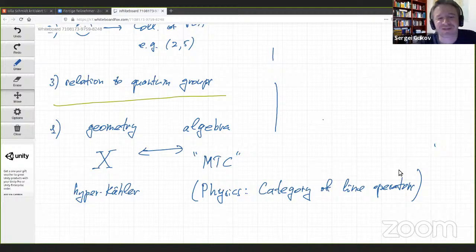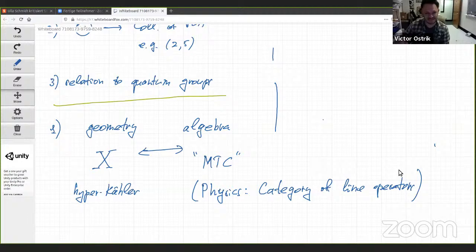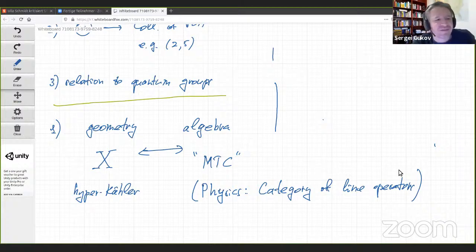I sent a link in chat. Yeah, I did, but apparently I'm drawing some pictures on your notes, which I don't want to do. There is this whiteboard; on the left you have various tabs like draw, erase, and there is a very important button called move. If you click on that, it will allow you to move the whiteboard with your mouse, and you can move it completely independently of what happens here.